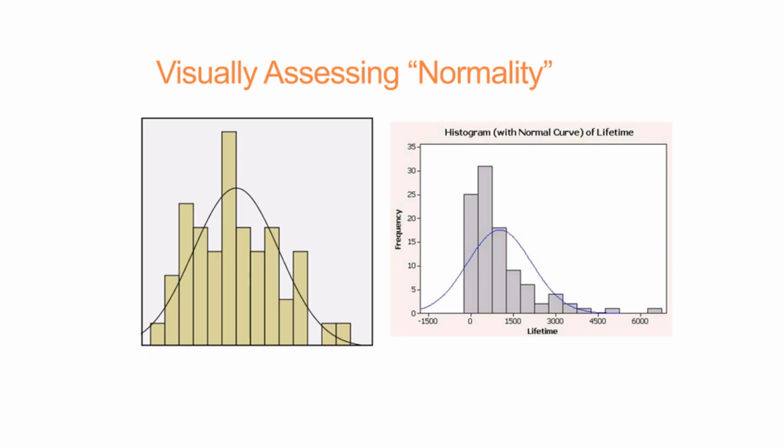The graph on the left certainly could have come from a population outlined by the curve. However, the distribution on the right does not seem to match the target curve at all. You might argue that you don't need the curve to make this decision. And if so, you're likely correct.